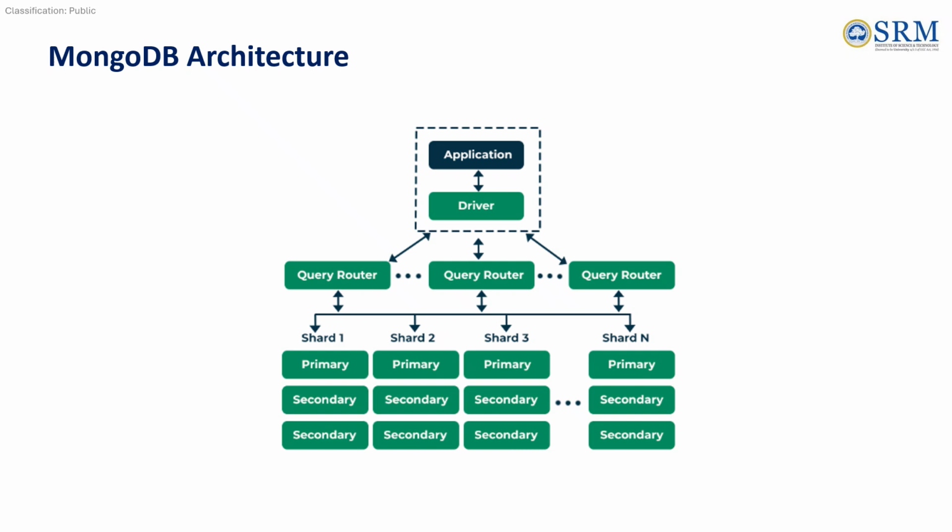The secondary nodes act like backup kitchens that continuously maintain copies of order information. If the main kitchen becomes unavailable, a backup kitchen immediately takes over, so customer service continues without interruption. This distributed architecture helps MongoDB achieve high scalability, fault tolerance, and efficient handling of large amounts of cloud data.